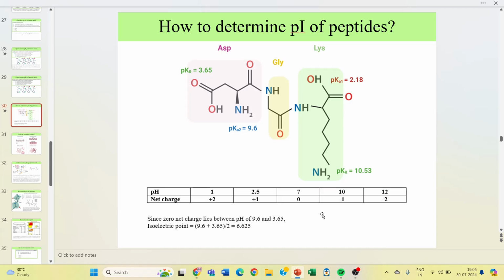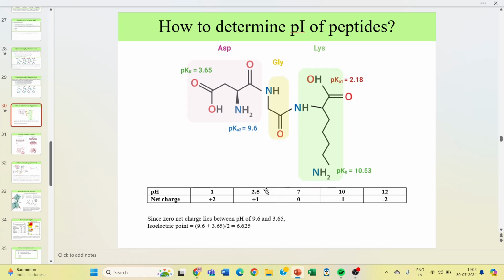So this is what you have to understand, and this is how you can calculate. So how will you calculate the pI of the peptide? You will take the 2 pK values closest to the pH at which the tripeptide is going to have net zero charge.